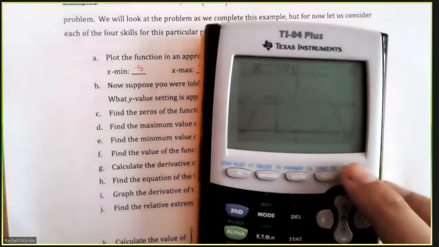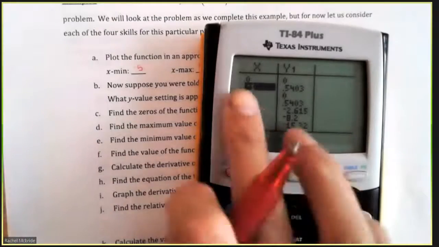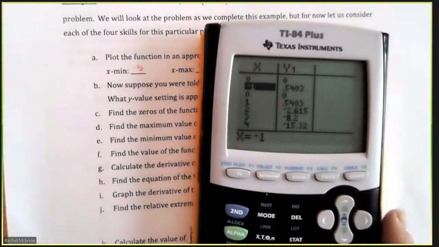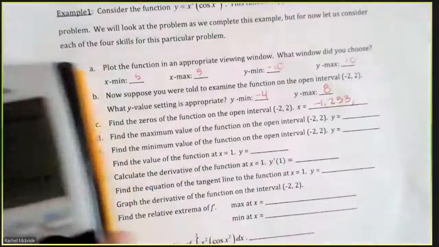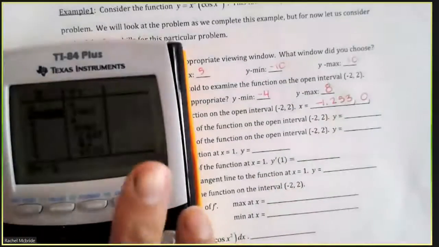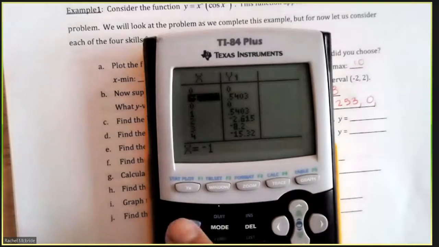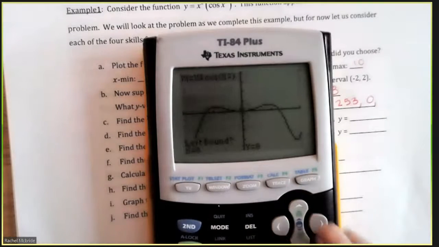Actually, I could just go to my table. Let's plug in 0. Yeah, I felt like 0 was 0. So there's no sign change, but there is a zero. That's an error on our calculator's part, not seeing a sign change, because it's a repeated root, so it goes right back up. Calculator error.